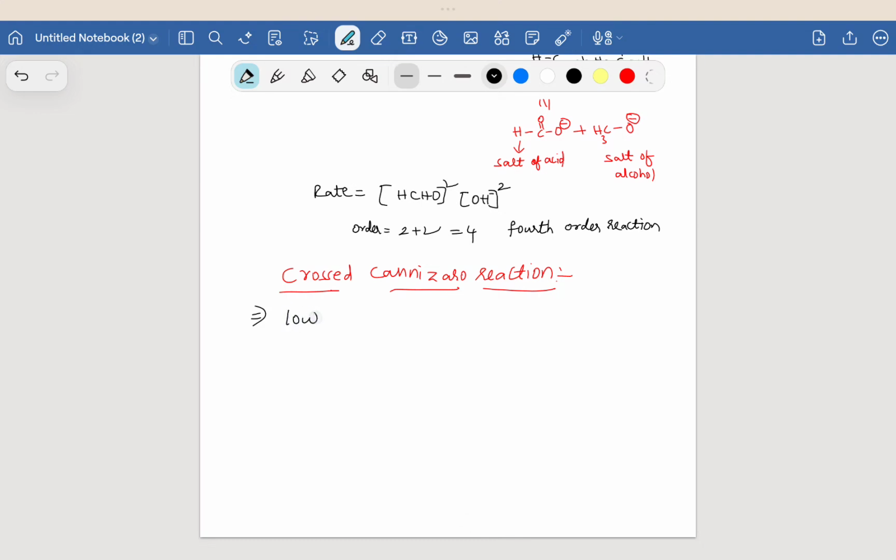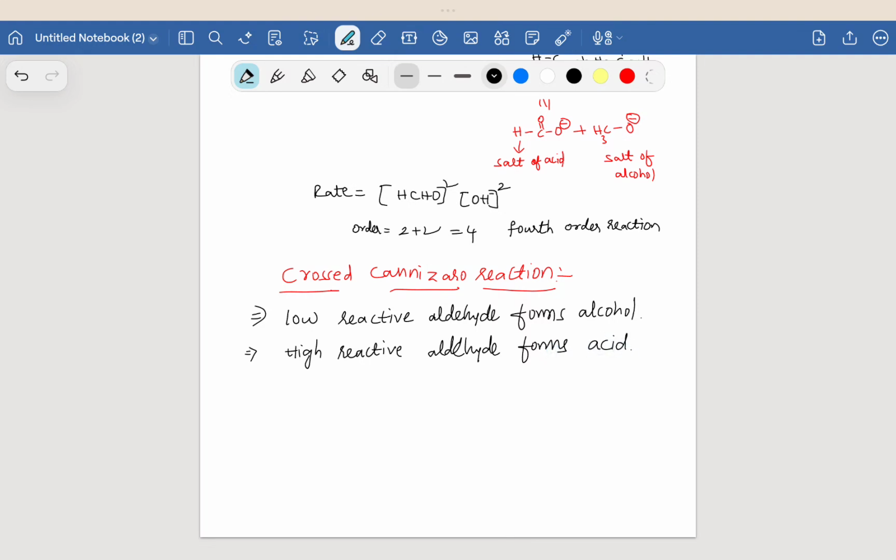If we compare the reactivity, the low reactive aldehyde forms alcohol, and the high reactive aldehyde forms acid.